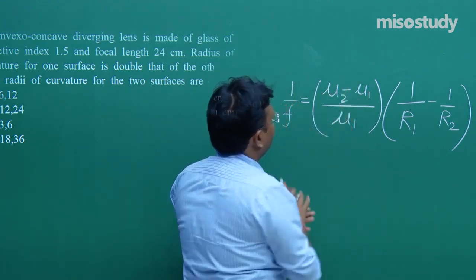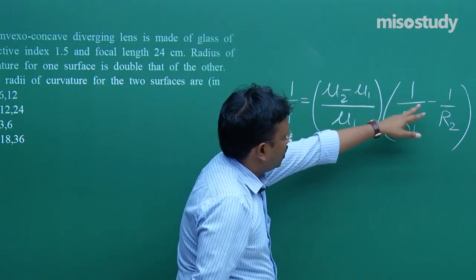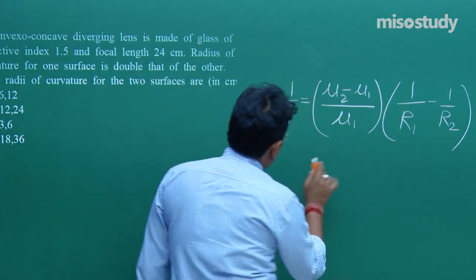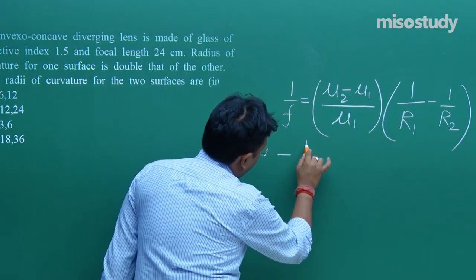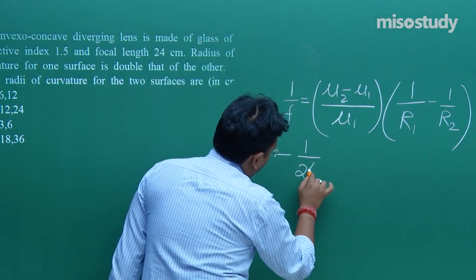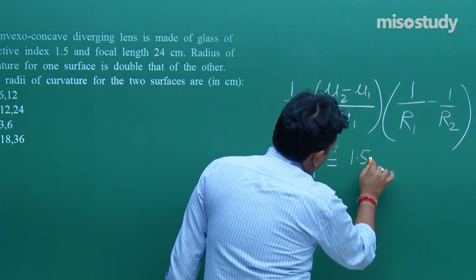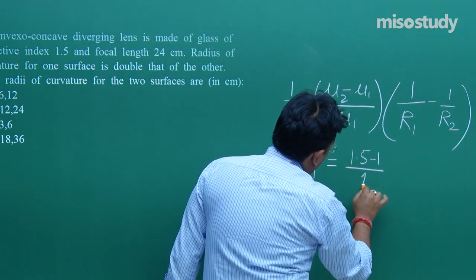Let us put the values over here. So, the values are going to be minus 1 upon 24 is equal to (1.5 minus 1) upon 1.